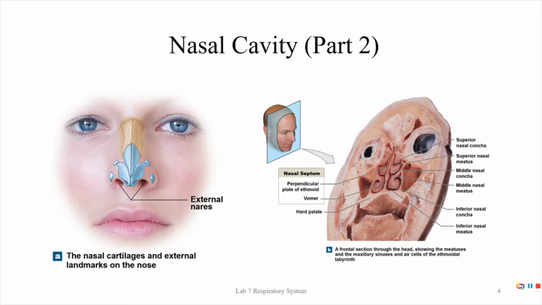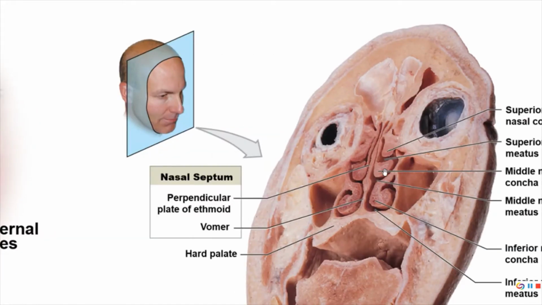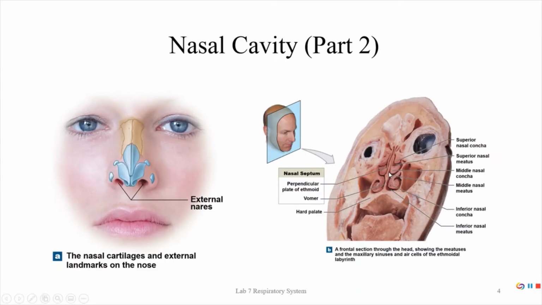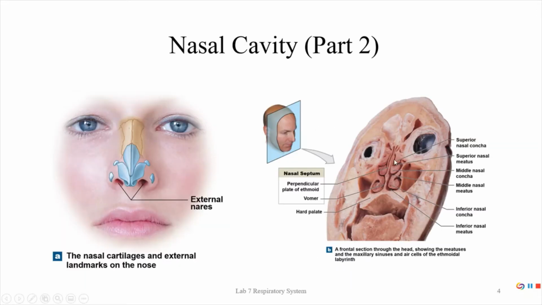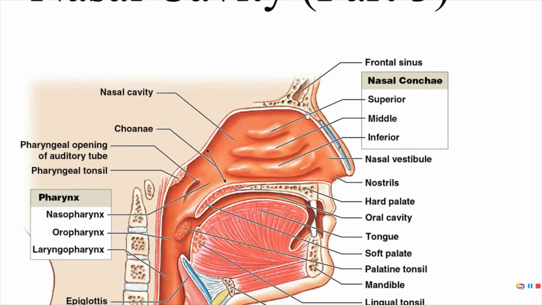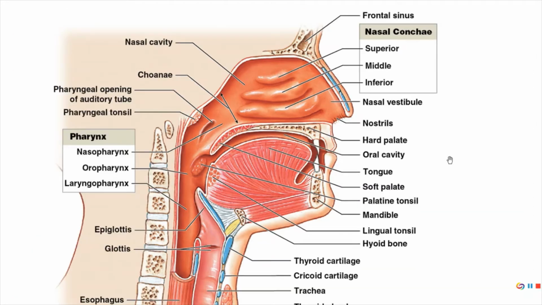That's why we call these things turbinates. And you can actually see things like the superior, middle, and inferior nasal conchae helping to create that kind of flow. Now, the conchae, as I said, there are the superior, middle, and inferior nasal conchae, which are going to have a superior, middle, and inferior nasal meatus between them.